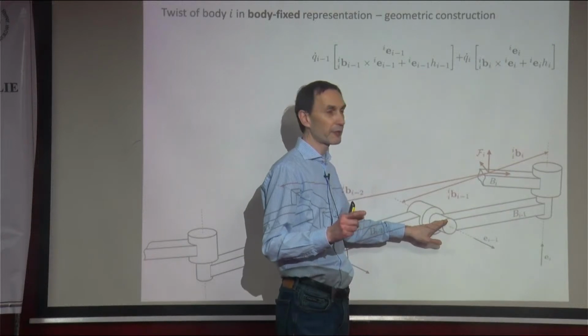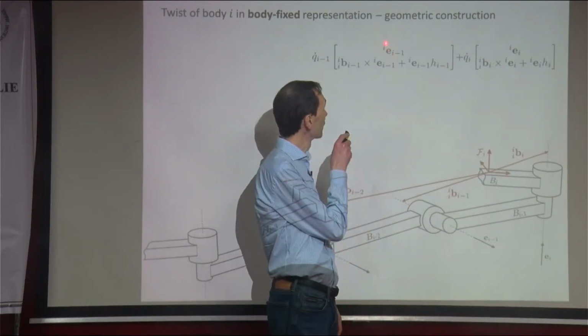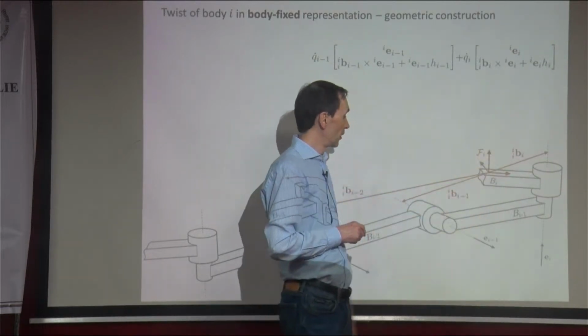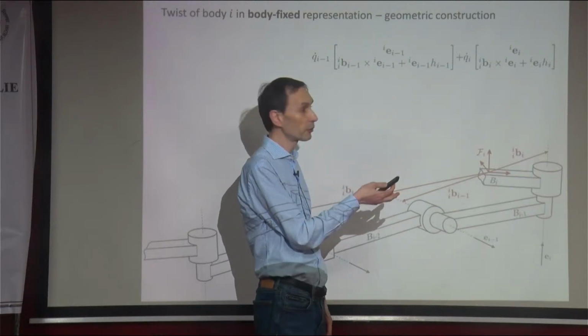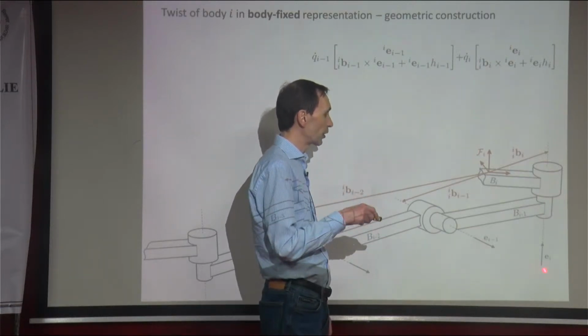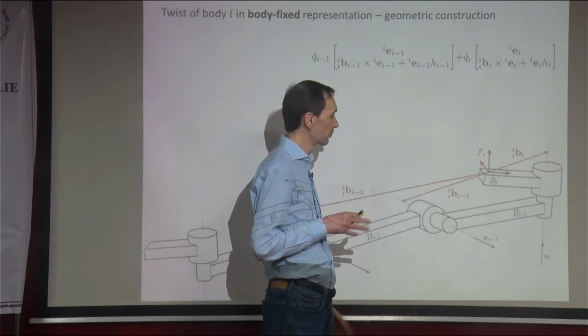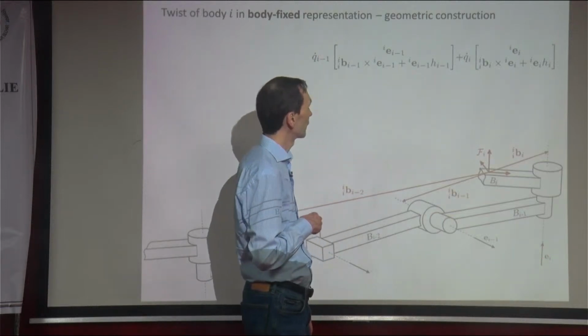But we have to be very careful because all these vectors, of course, must be expressed in the same frame. So it's all expressed in the i frame because I'm measuring in this frame. So for the angular part, we would have the omega due to this one and the omega due to this joint. It's pretty simple, I guess. So e_{i-1} q_{i-1} dot and this one e_i q_i dot.